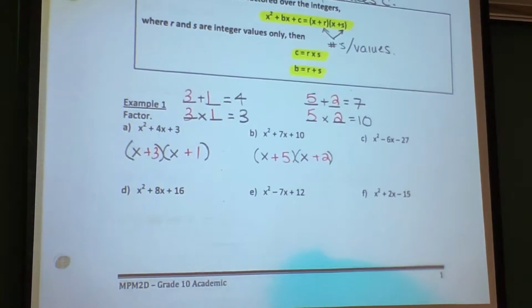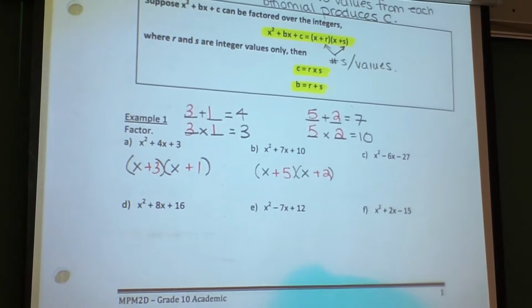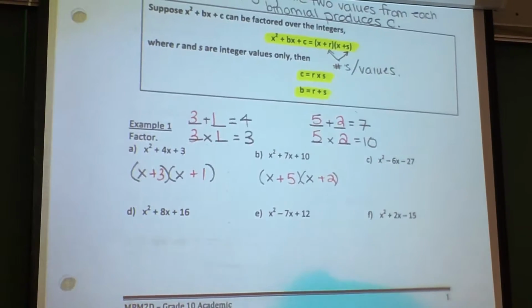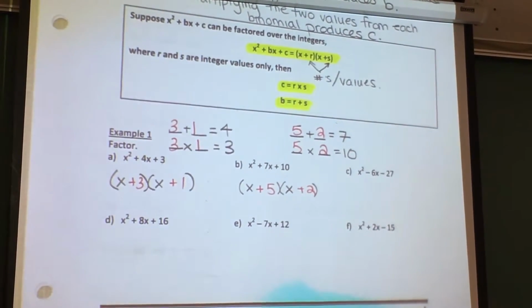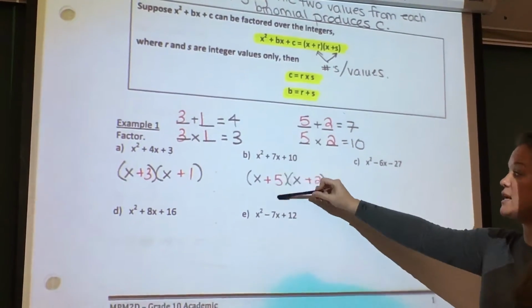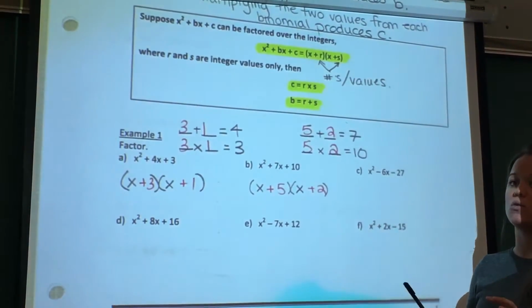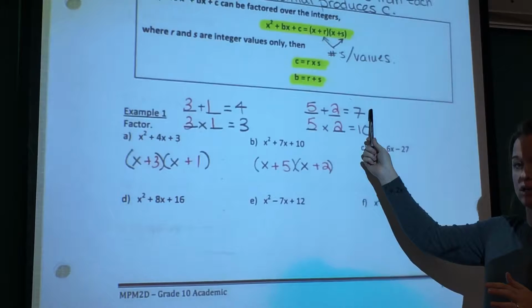Yes, Dylan? How do you know which one it would be, because there's two numbers? Why is B 5 and why is C 2? Wouldn't it be B 5 and B 2? Well, in this case, the b and c values technically are 7 and 10. These values are R and S, and it actually does not matter the order in this case. Because if you did 5 plus 2, it's going to give you 7.